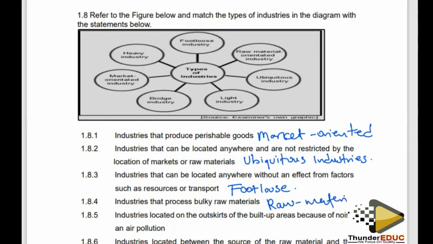That's why we say they are as well situated close to the source of raw materials, because raw materials could be heavy or bulky to transport. Number 5, industries located on the outskirts of the built-up areas because of noise and air pollution. So that would be the heavy industries.